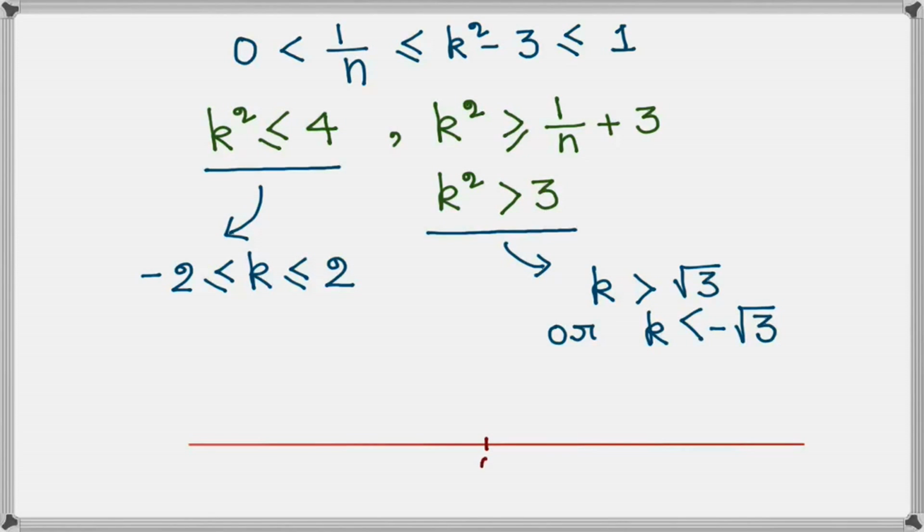This point is 0, this point is -1, this point is +1, this point is -2, this point is +2. Minus square root of 3 will be somewhere here, and square root of 3 will be somewhere here.